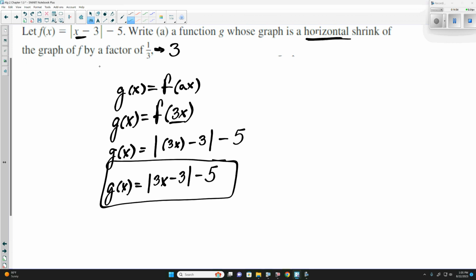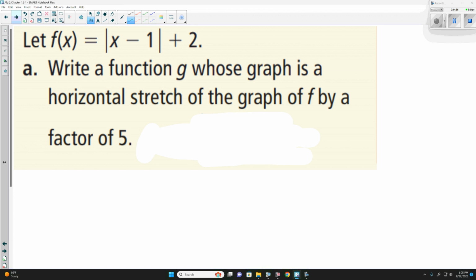All right. Let's look at the next one. This one here, again: write a function g whose graph is a horizontal stretch of the graph of f by a factor of 5. Now, just like with the last one, g of x is equal to f of ax.